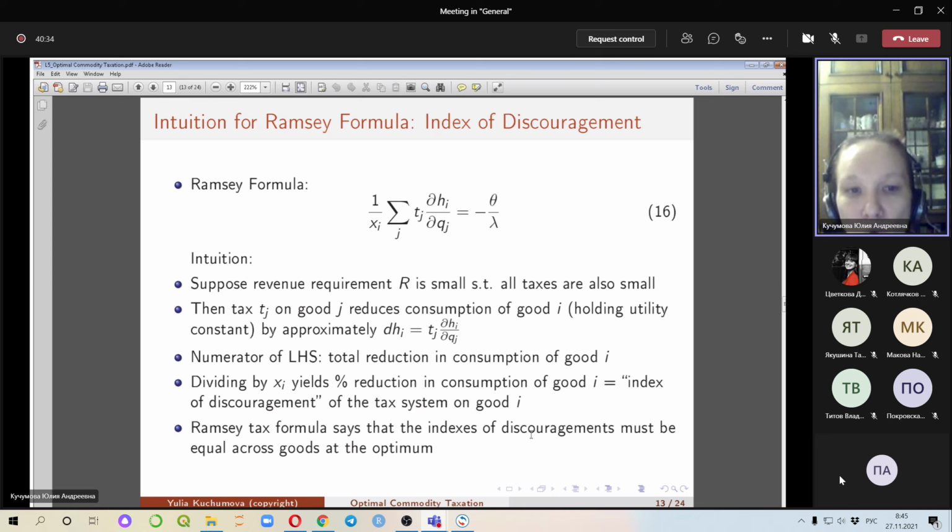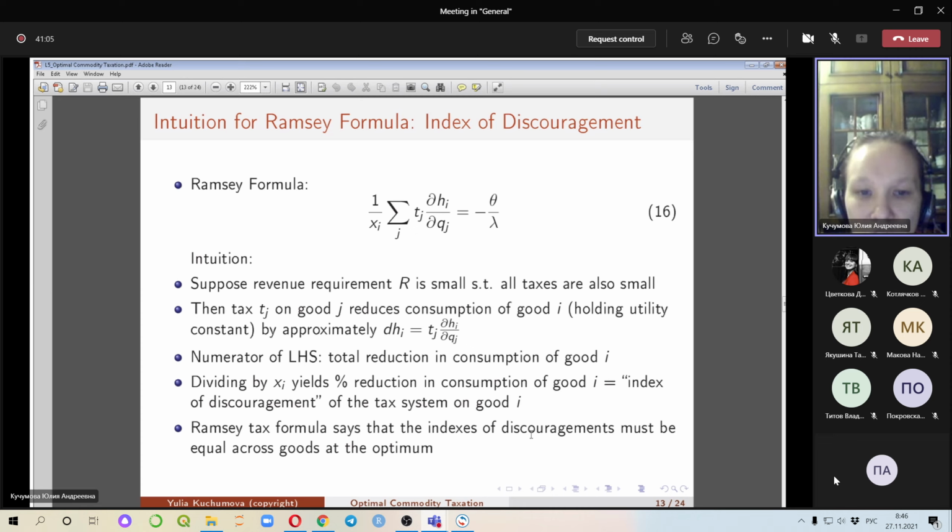So let us suppose that the revenue requirement R is small, and this is to ensure that all taxes are also small. Then tax t_g on good g reduces consumption of good i, holding utility constant. This is because we consider Hicksian demand, approximately.